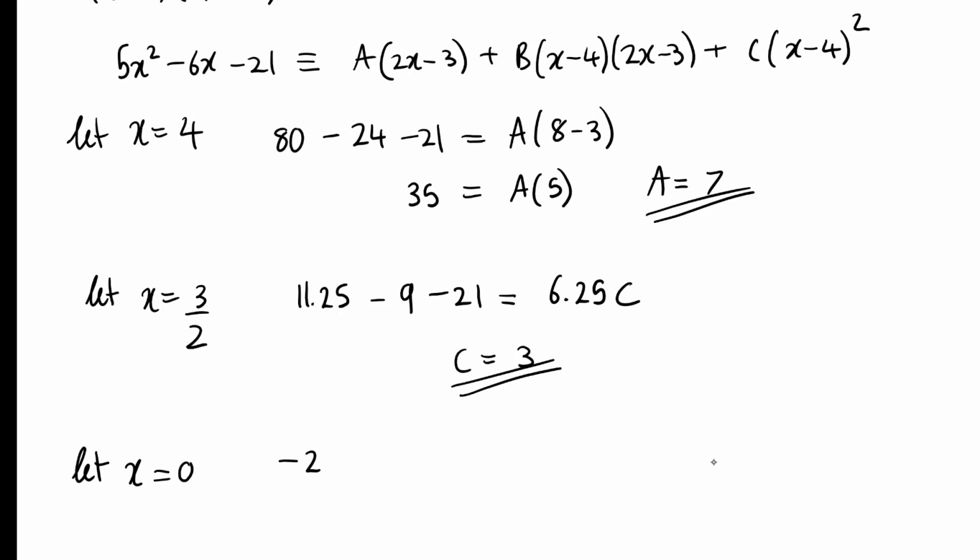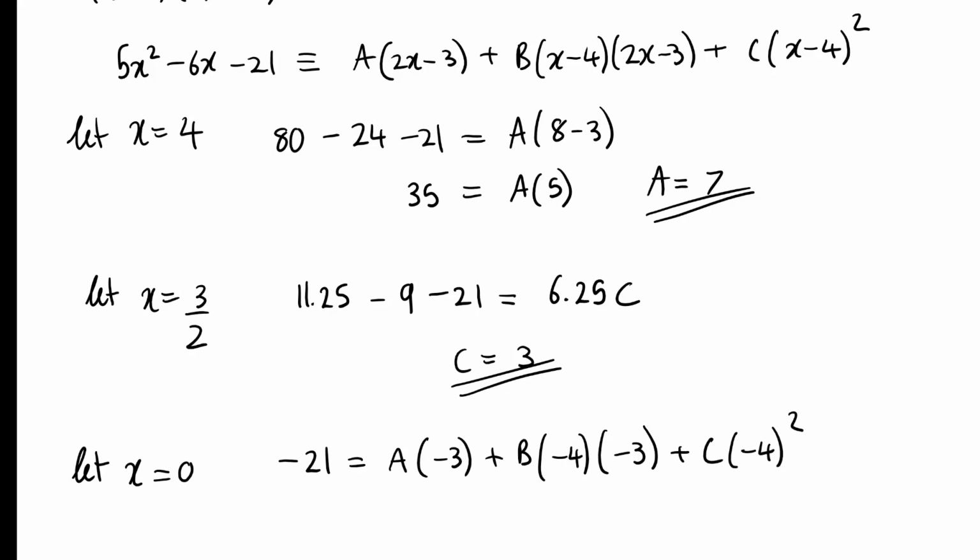So the right becomes minus 21 and a multiplied by minus 3 plus b multiplied by minus 4 multiplied by minus 3 plus c times minus 4 squared. Plugging in what we know, a is 7, so that's minus 21.